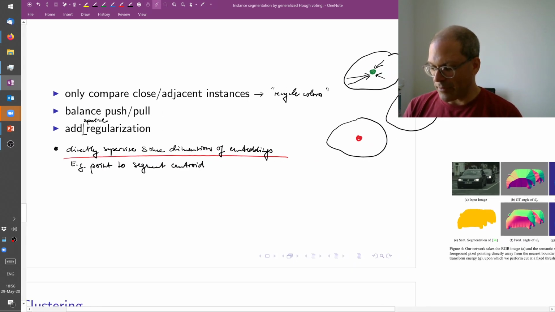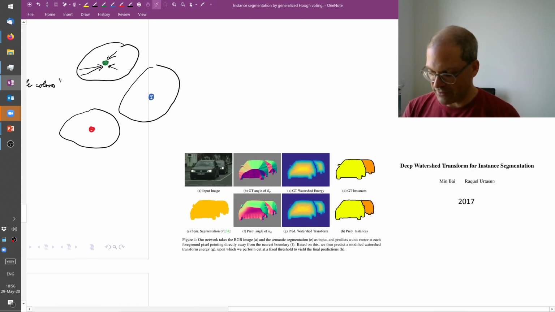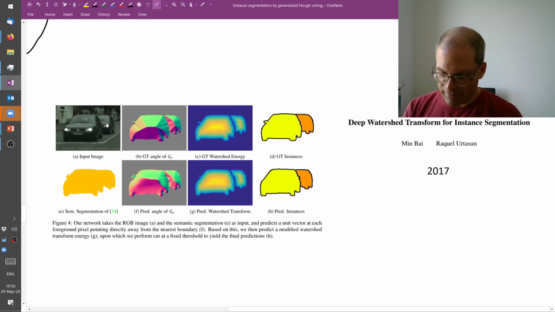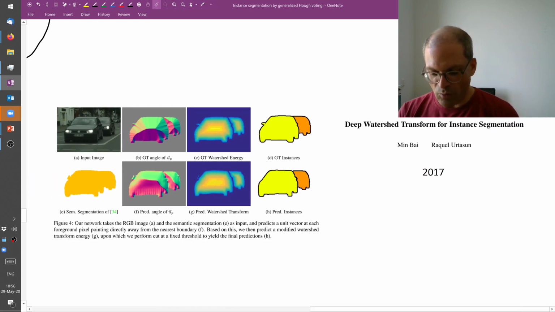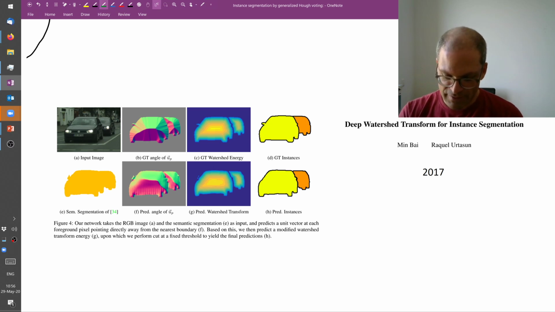And this kind of direct supervision you can use to do all kinds of things. So in this paper, for example, what's asked here is you ask for each point in an instance in which direction the closest boundary lies.